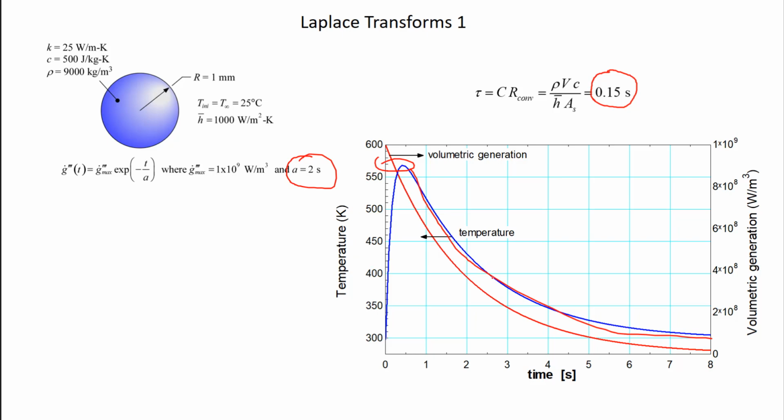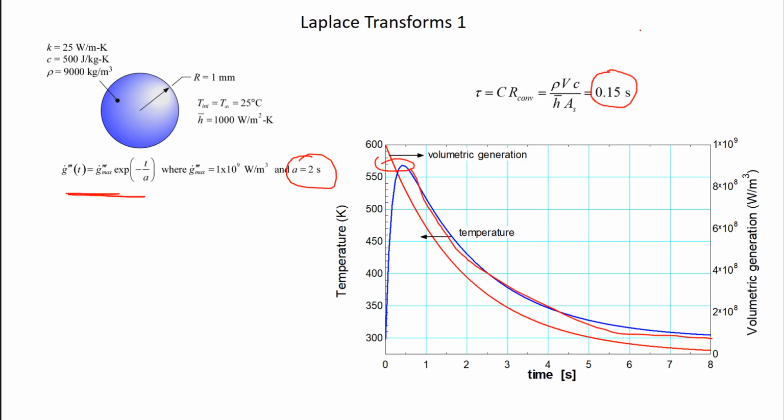And so you almost have kind of a quasi-steady situation where this object is always at a temperature associated with this particular volumetric generation. So if that's the situation, you might decide you don't really need to solve the problem because you basically know what it's going to do without solving it.